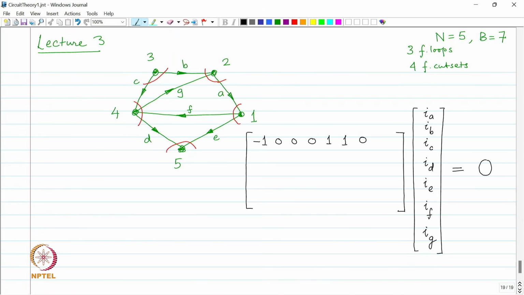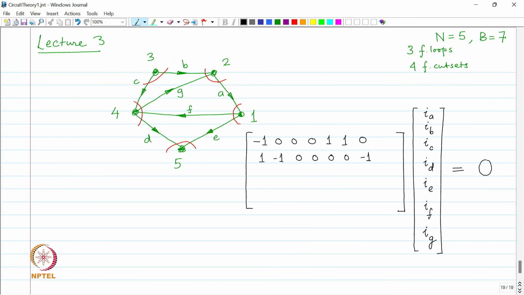At node number 2, I have I A minus I B minus I G is equal to 0. So, I A minus I B minus I G. Fine.